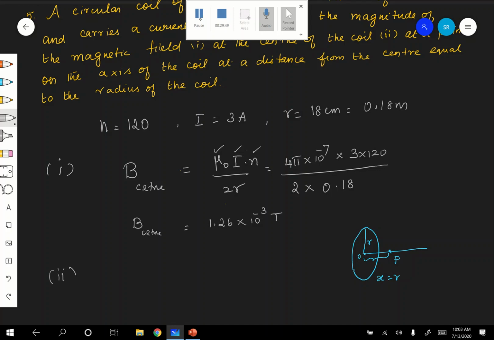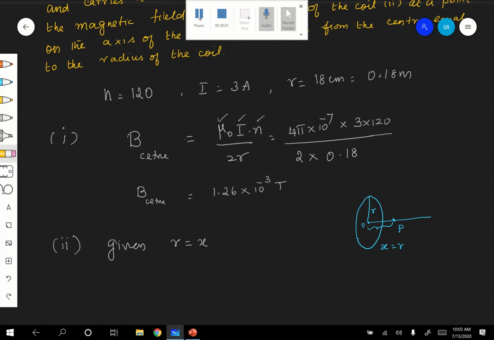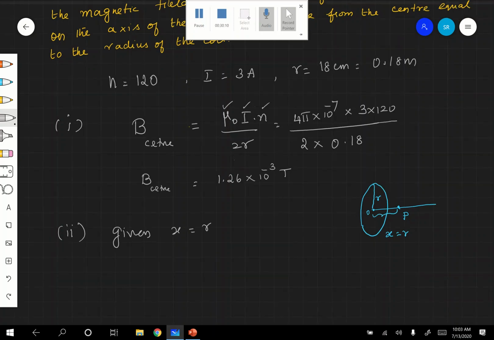Second question, given r is equal to x. X is equal to R. Of course, X is equal to R. Okay, it is given because the distance X equals R. Therefore substitute, therefore what is BP? Therefore BP is equal to, the formula is there, mu naught I a squared divided by 2 into a squared plus x squared the whole power 3 by 2.